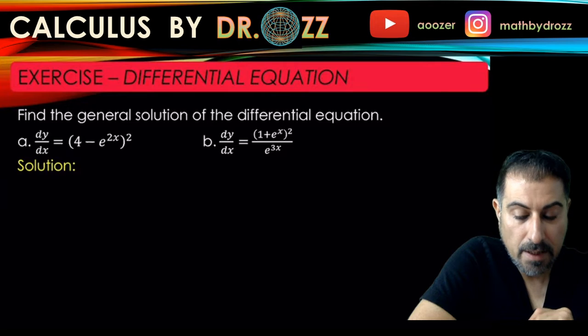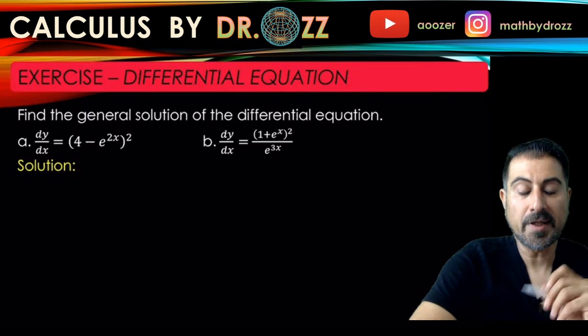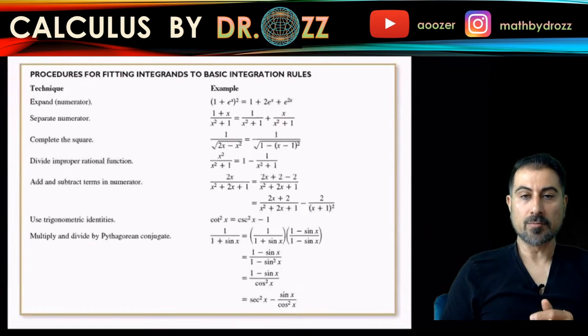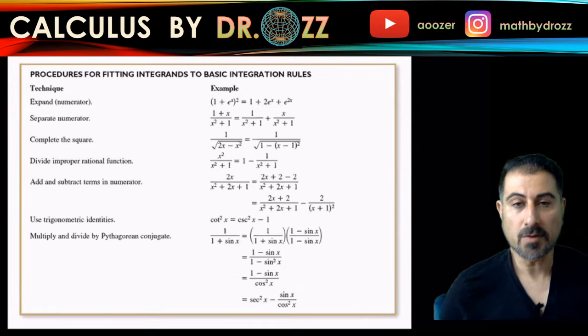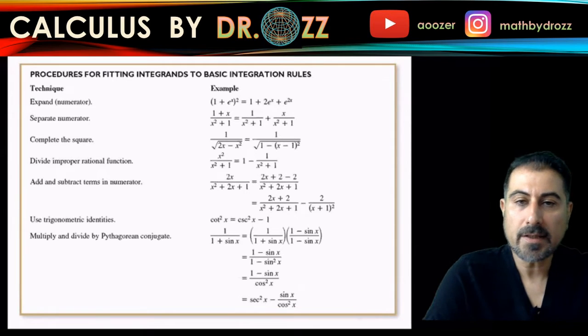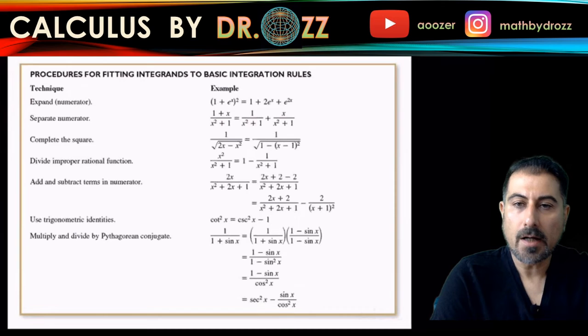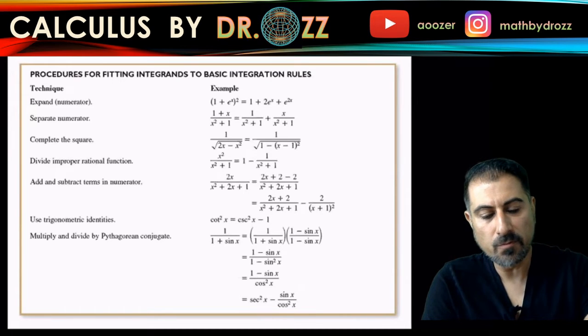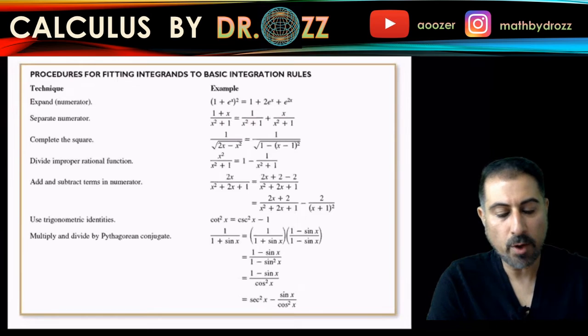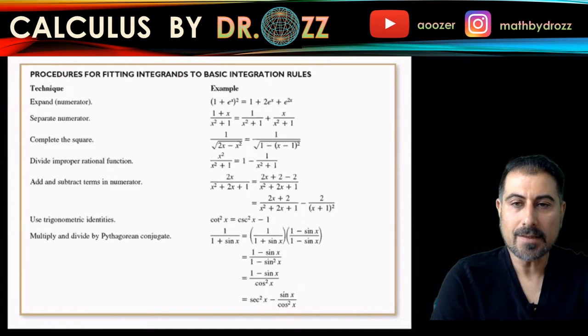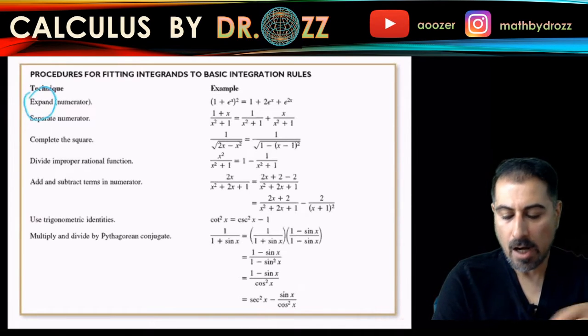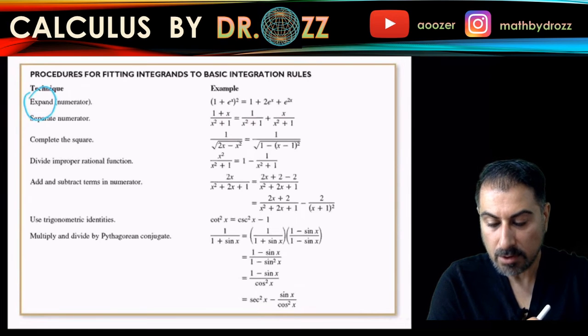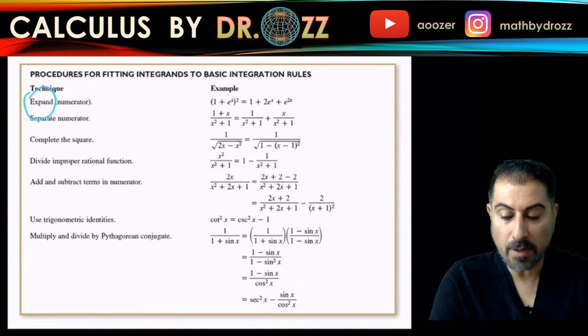Going back to the procedures for fitting integrands to basic integration rules chart, there are many techniques we can apply. Algebra and trig techniques: expanding is one of the widely used techniques because we have a quantity squared term. So that is where we should start for part A.